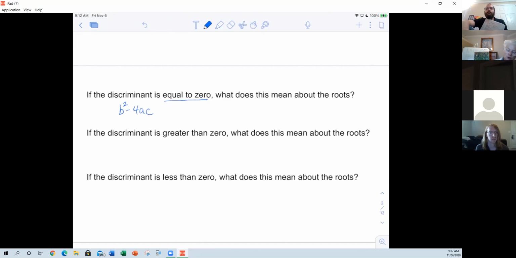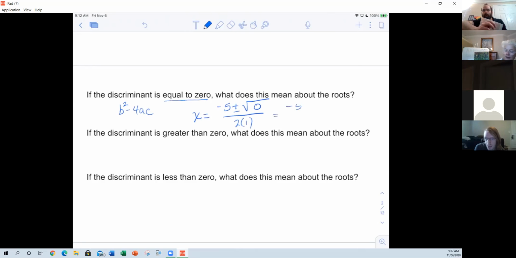0. No. Okay, so let's say you have x equals -5 plus or minus the square root of 0, over 2a. Say a is 1. All right, so what does that mean here?